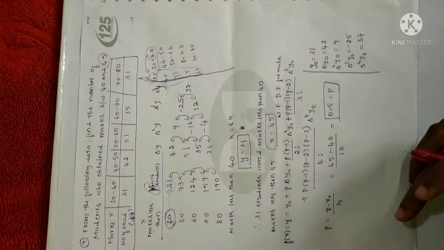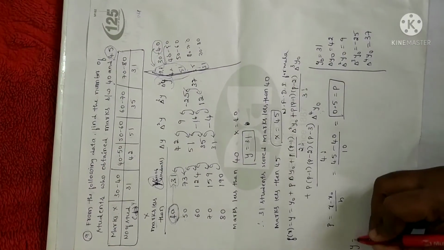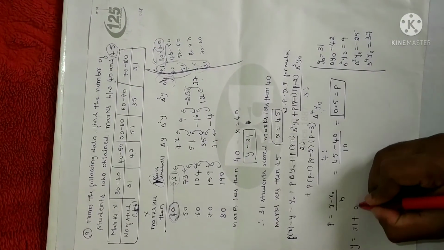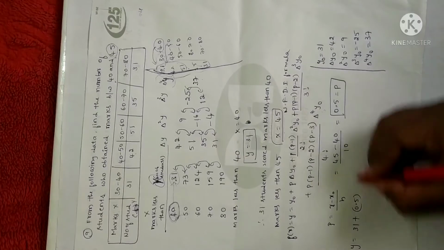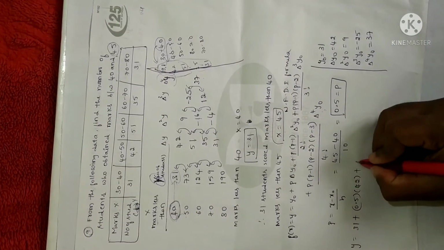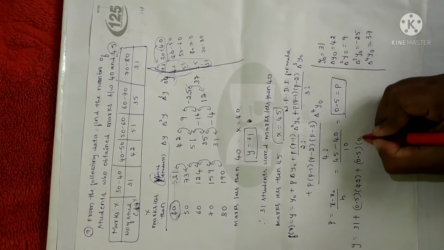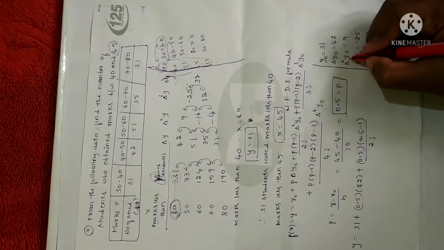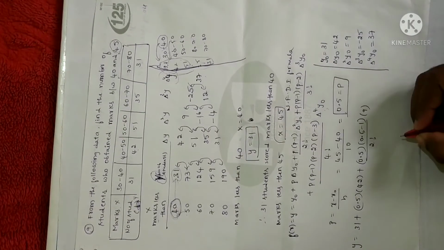You need to substitute everything. So I'll just do it here. y is equal to y naught, 31, plus p, 0.5, into delta y naught, 42, plus 0.5 into 0.5 minus 1 divided by 2 factorial into delta square y naught, 9.